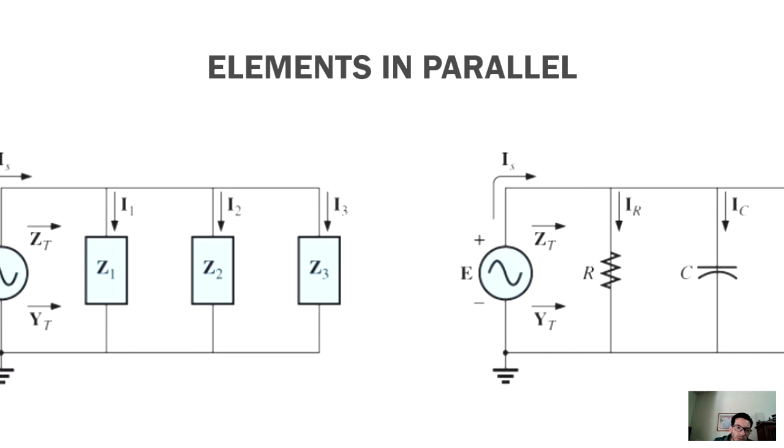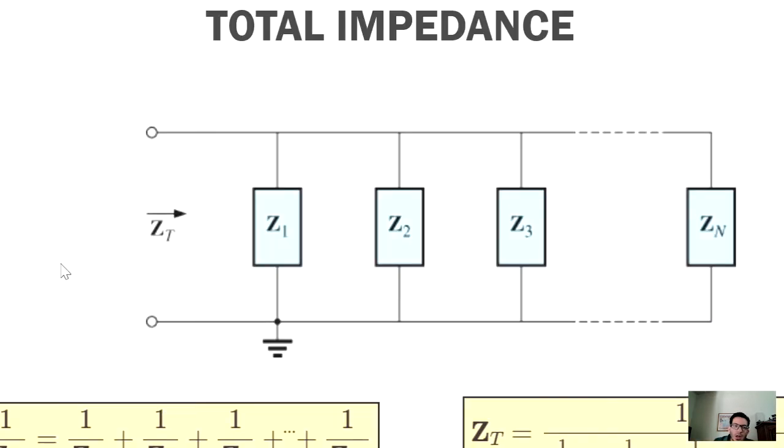Before, it was just a summation. When we did circuits in series, we would do a summation of the reactances for each element. Now we're going to do the computation of elements in parallel, which is 1 over each reactance. So in that case, we use this formula of total impedance, which is 1 over, again, 1 over each impedance.